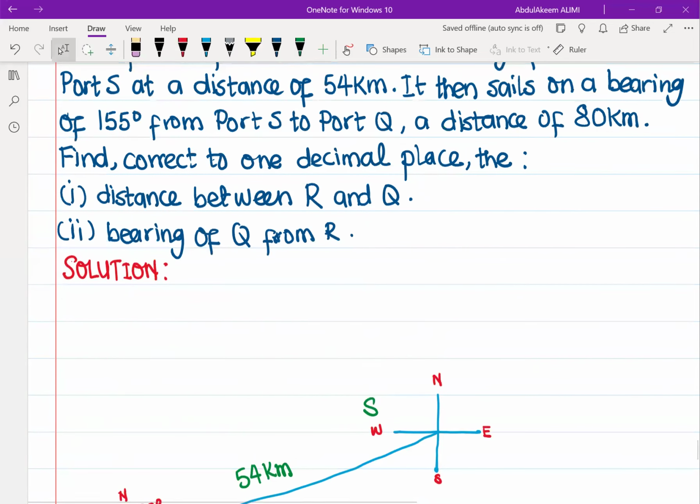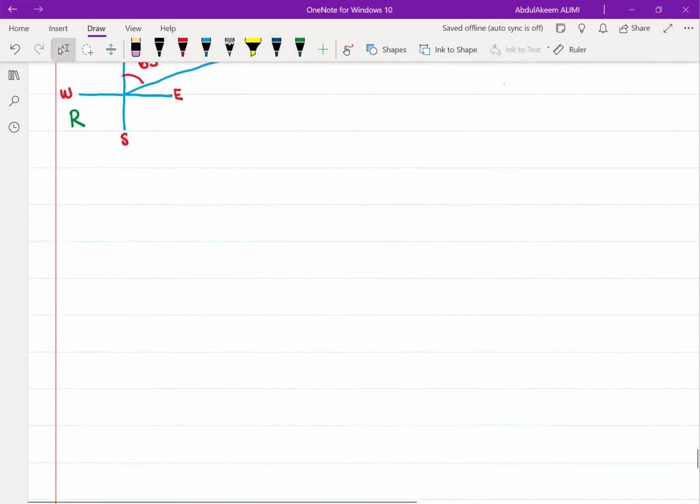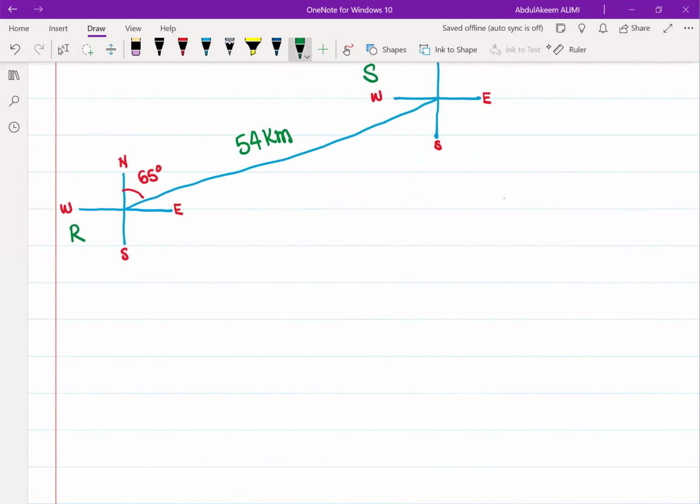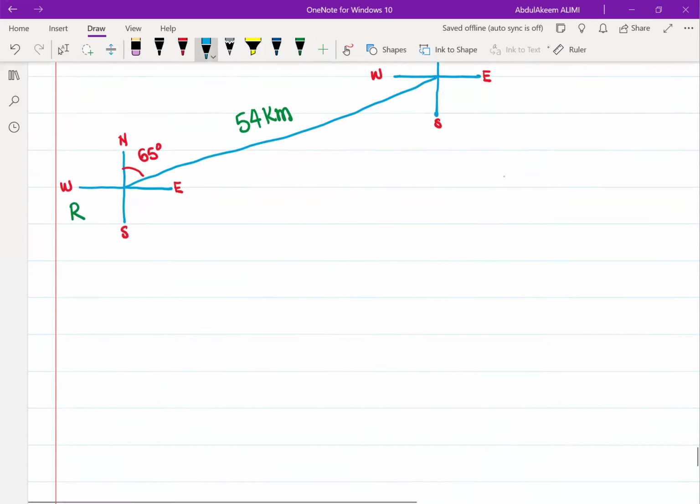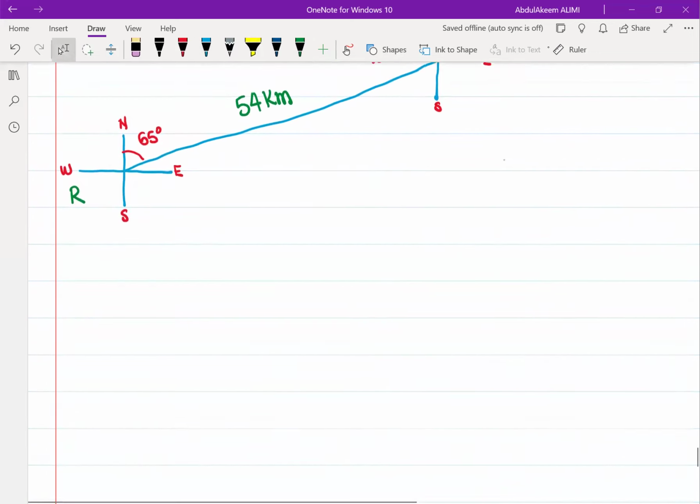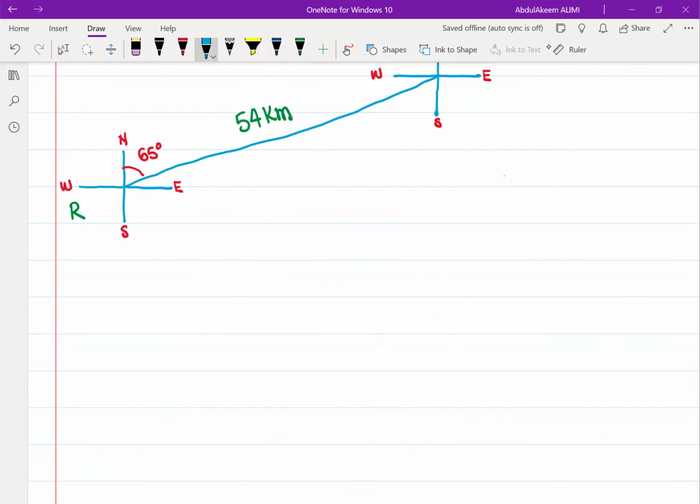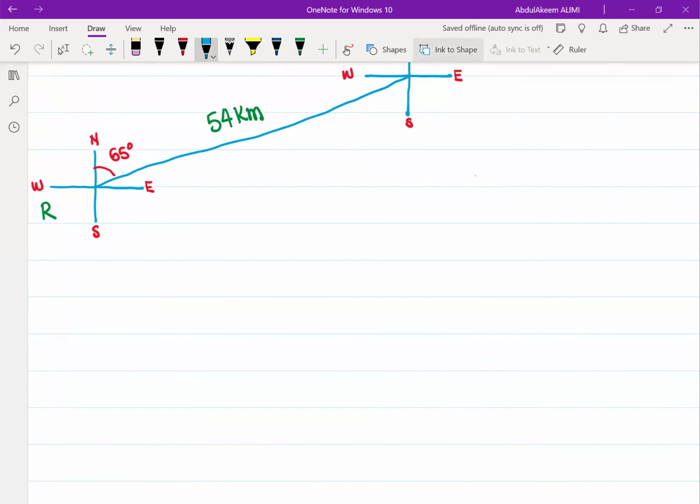Next, they said it then sails on a bearing of 155 degrees from Port S to Port Q. We know from 0 to 90 degrees is from north to east, while from 90 degrees to 180 degrees is from south to east. So I have to draw another line, but the distance will be more than the one we have here.